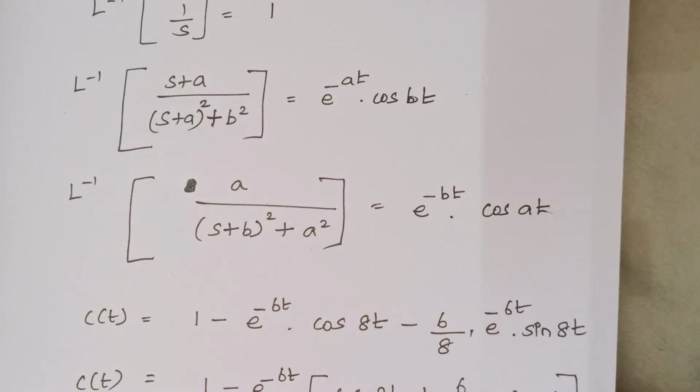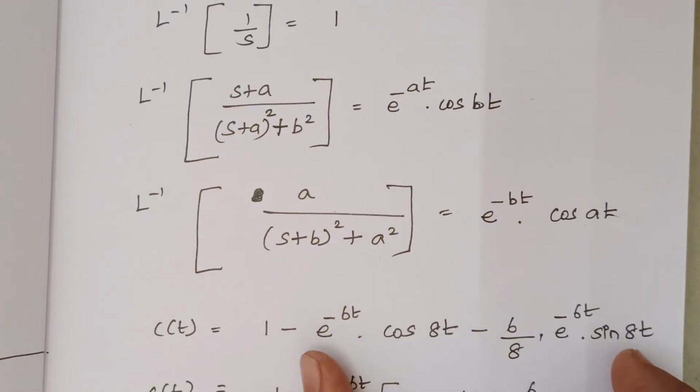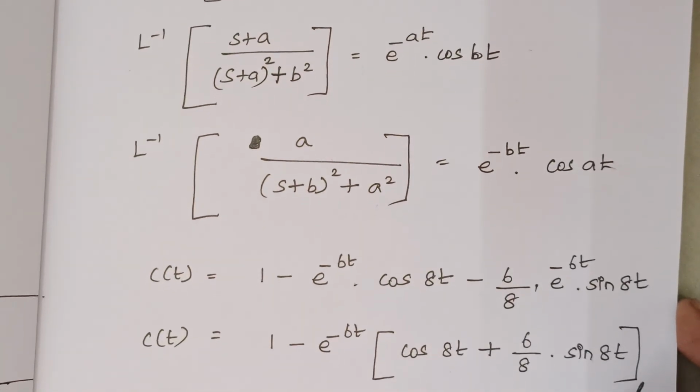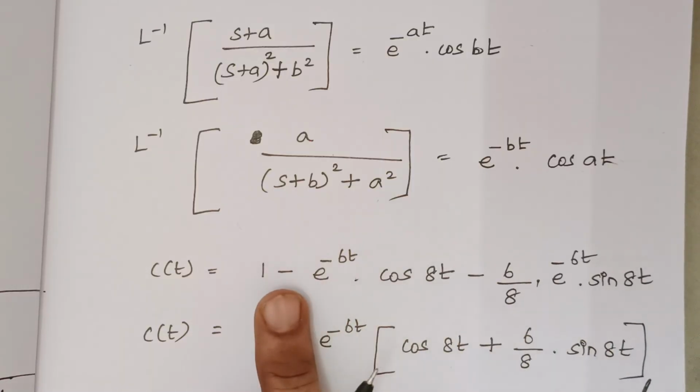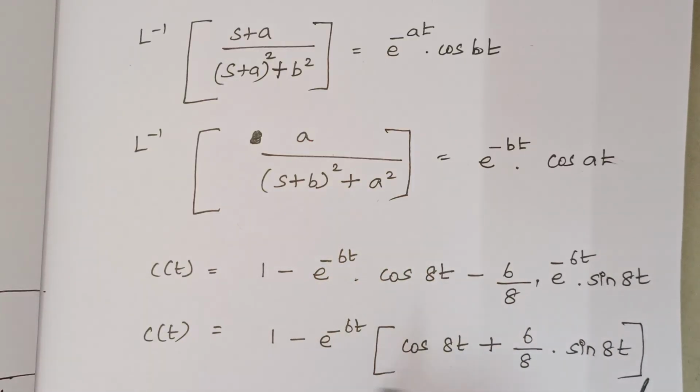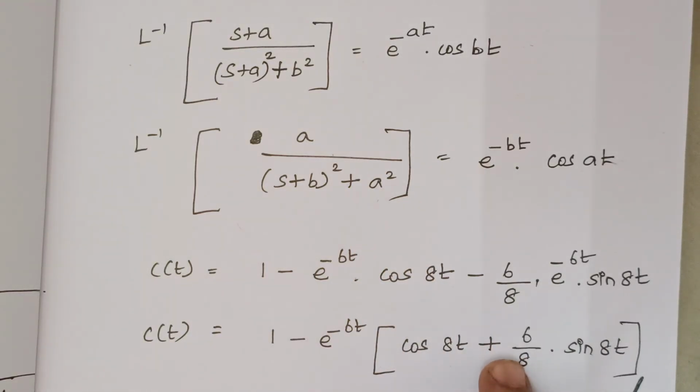And finally here in the last two terms e power minus 6t is common. So when you take e power minus 6t outside, I am taking minus e power minus 6t outside, the remaining terms are cos 8t plus 6 by 8 into sin 8t.